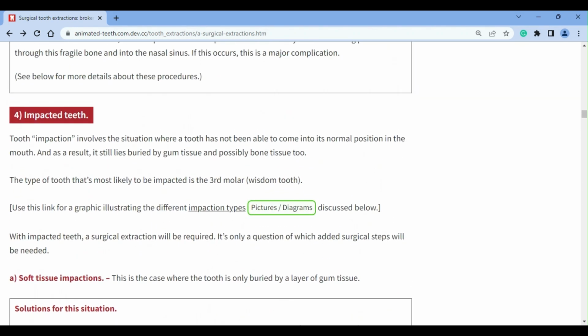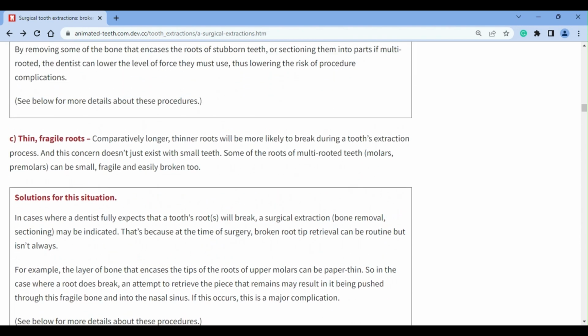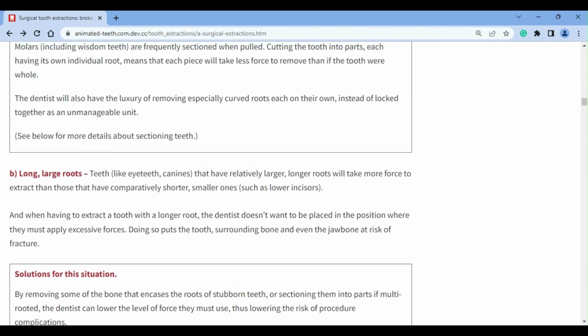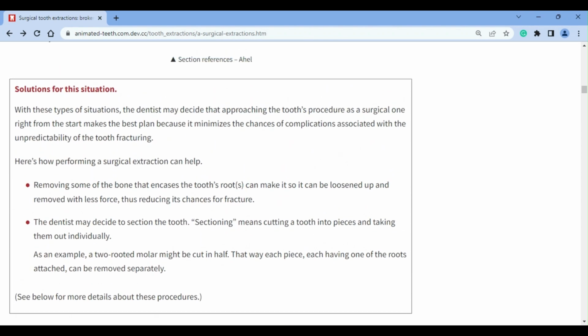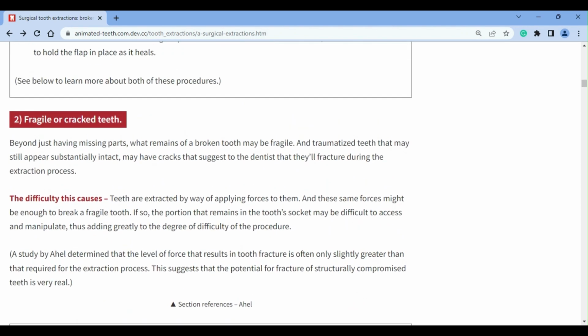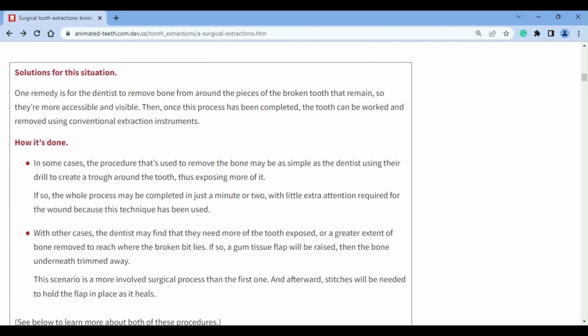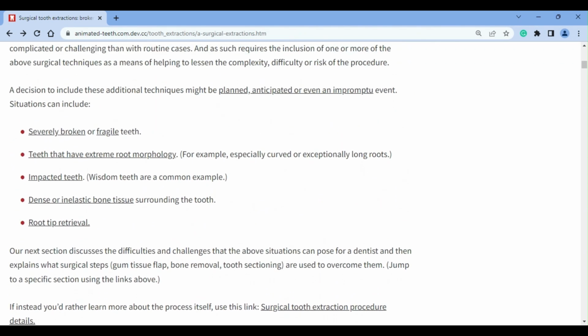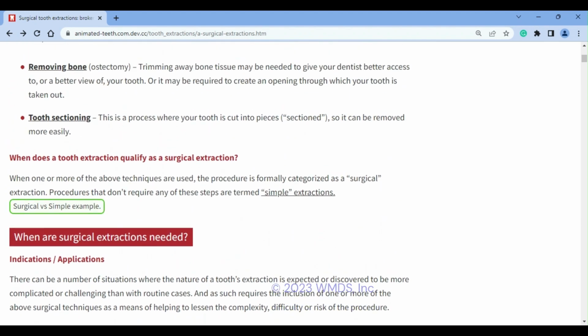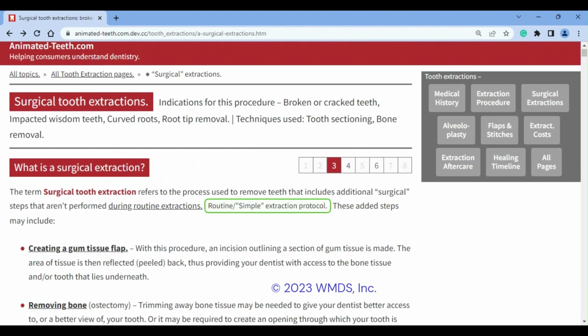The fact is, the dice were already cast long before your dentist informed you that you needed a surgical extraction. Evidently, your tooth has challenging characteristics. And planning to remove it surgically is your dentist's opportunity to improve your procedural experience and minimize your potential for post-operative complications. So, try to see things in that light.